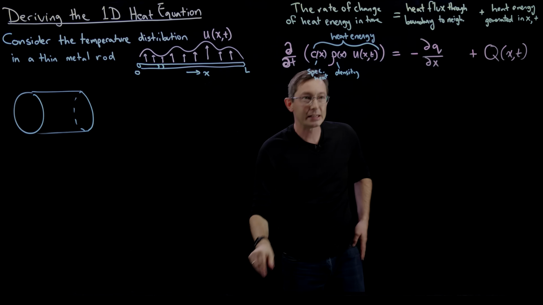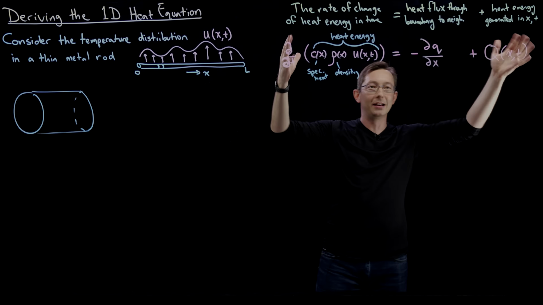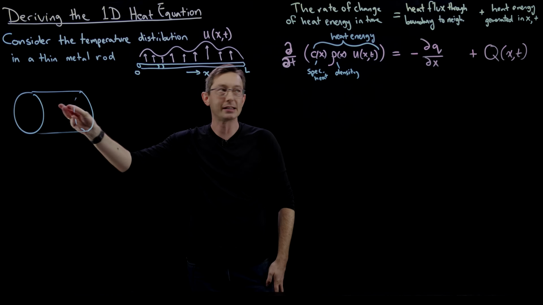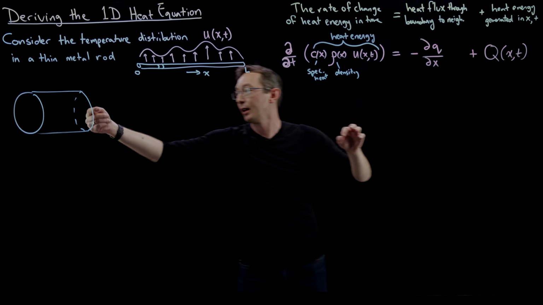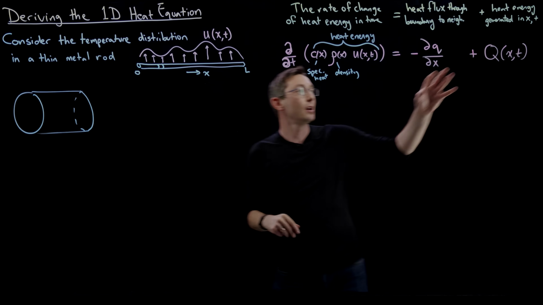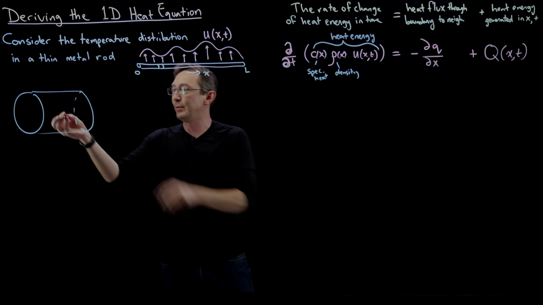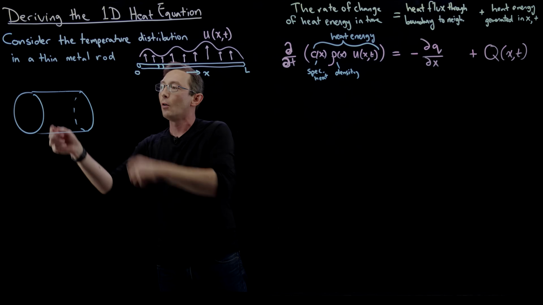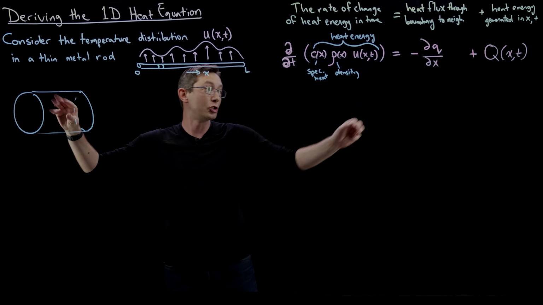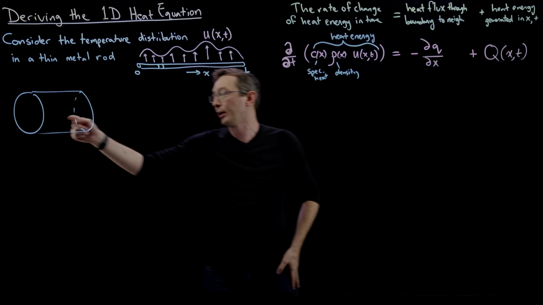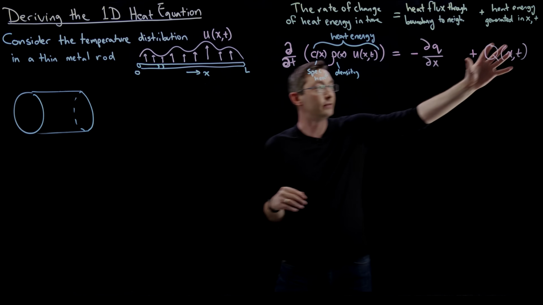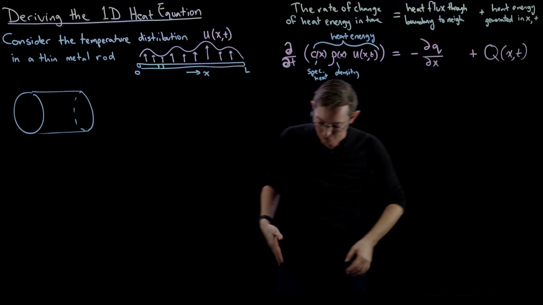Okay? This is literally the only way that the heat energy can change in a little segment is by heat flux through the boundaries to its neighbors, or a source or sink term. Maybe this Q is radiating energy, or maybe there's an atomic process generating heat energy, or maybe you're hitting this point with a blowtorch. That all lives inside this forcing function Q.